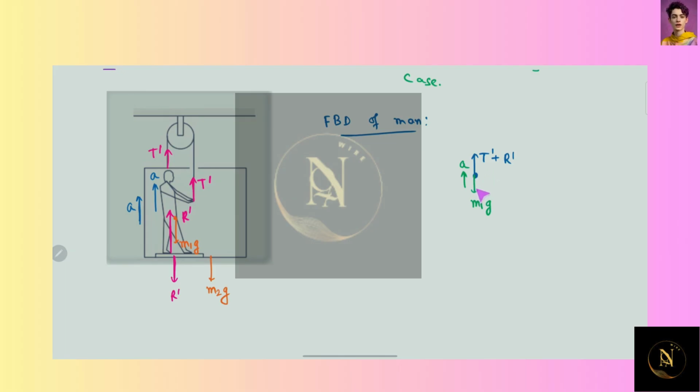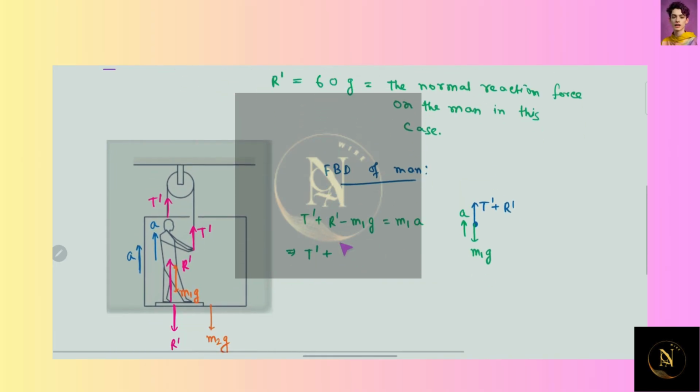So from this I can write T prime plus R prime, which is the actual weight of the man, that is 60g, minus m1g, where m1 is again 60, equals 60 into a. So this will give T prime equals 60a. Let's say this is my equation number 1a.